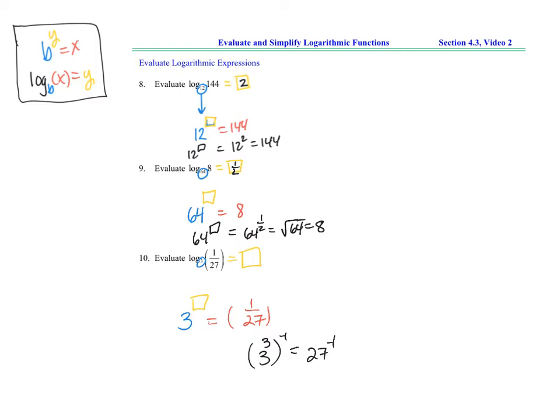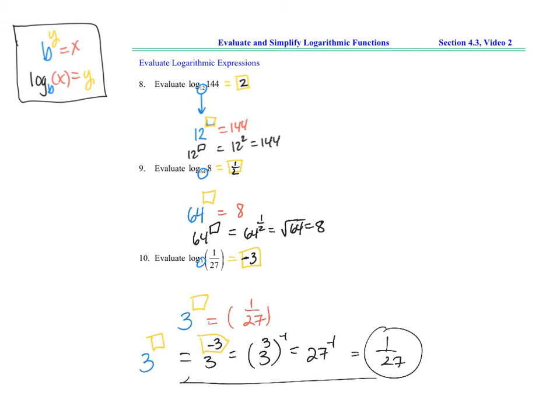So we could think of 1/27 as 3 to the -3. So my question is 3 to what power is equal to 3 to the -3? Well, that better be -3. So we can just work backwards from what's given and rewrite that as some power of the base.